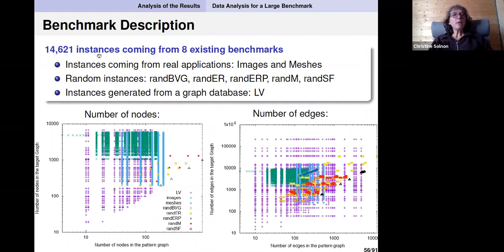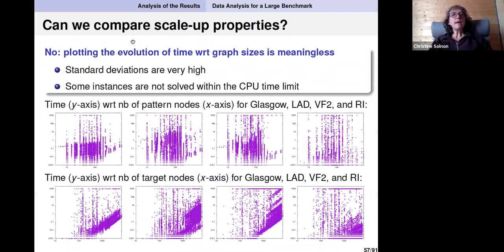So here, a quick slide to say that we cannot plot the evolution of time with respect to the size of the graphs. Here, I show examples. So here the results, for example, with Glasgow.